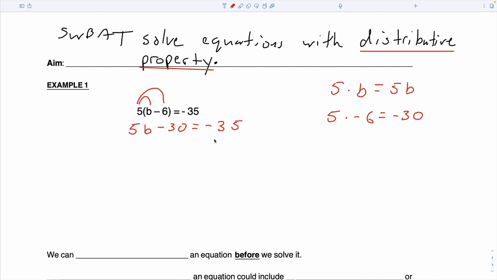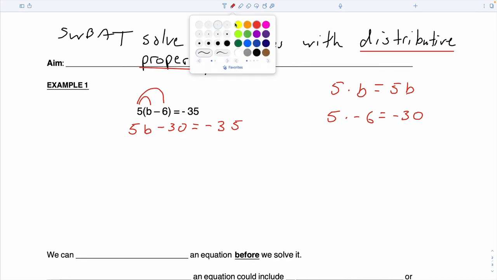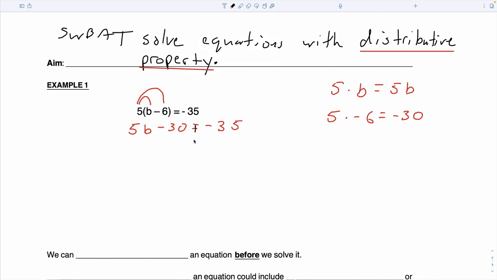It's 2 steps. There's a number that's squished next to the b. That's its best friend. There's a number that's a little farther away from it. That's the friend that's not as close. Let's solve it from here. What would I do first, Max? What do I do with the 30?